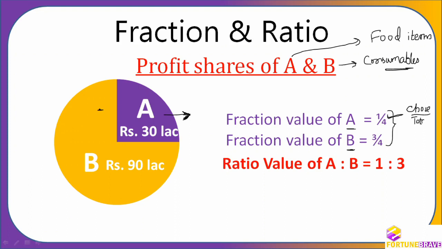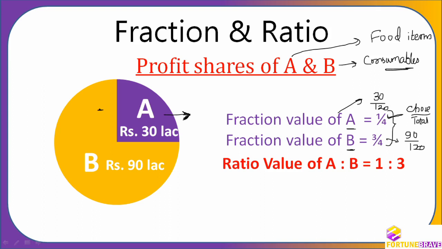So the total profit is four parts, out of which one part is contributed by A. If you ask me actual values, again we are going to simplify it: 30 out of 120 is contributed by the A vertical, whereas 90 out of 120 has been contributed by the B vertical.